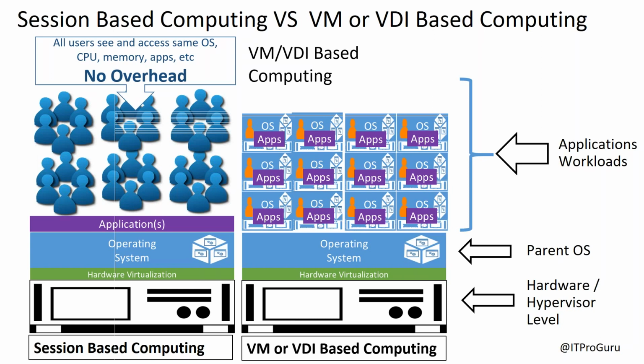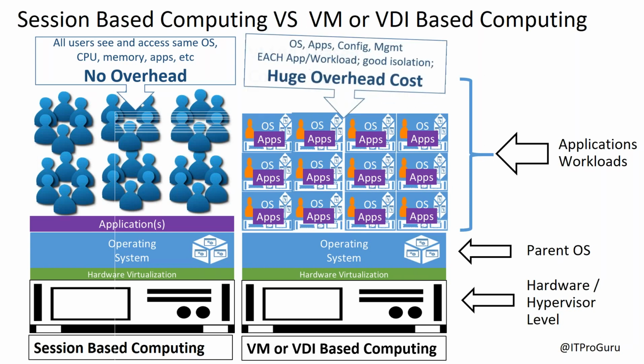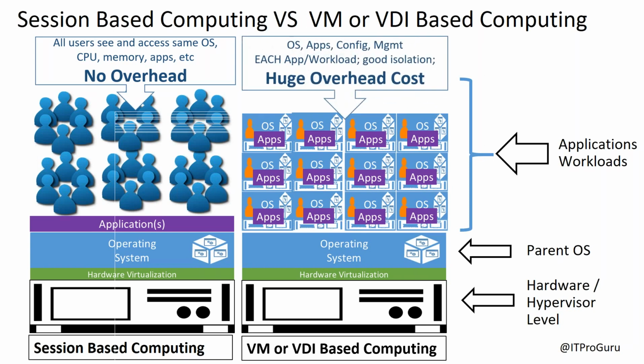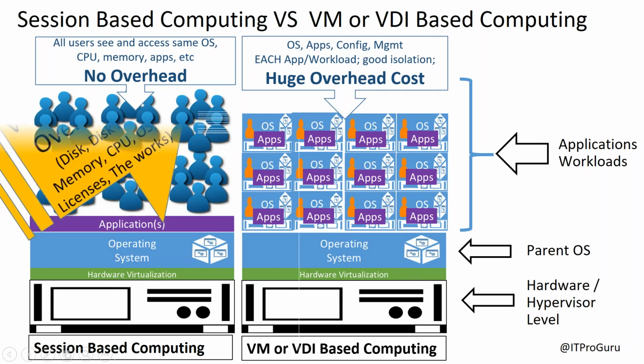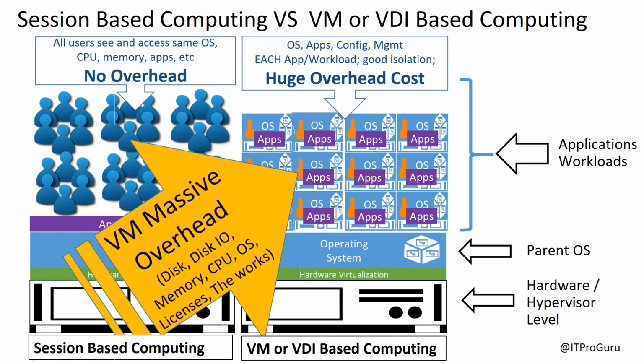So you end up with more isolation, but you have a huge overhead cost, because you have OS, apps, and configuration management for each application or each workload, even though you do have that additional isolation. The cost is in the management, in the licensing, in the disk I/O, and let me really tell you how big of a difference that is.